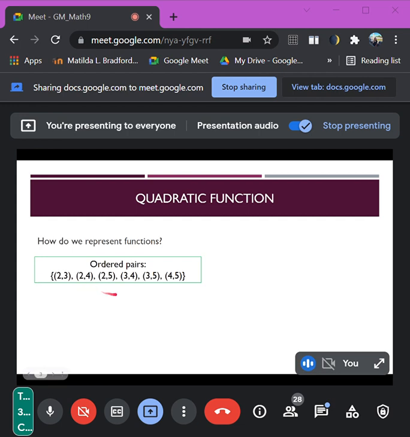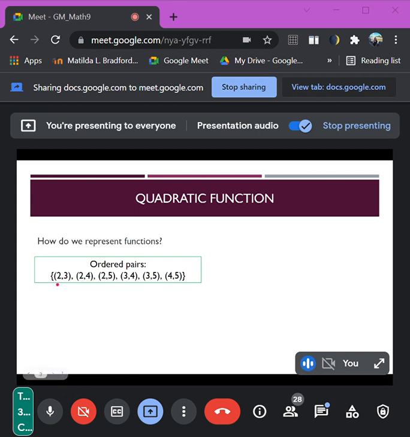Okay, so class, if we are going to identify this one, actually, this is not a quadratic function. Okay, so why do we say so, teacher? Because we said that a function should not repeat its first coordinate, or shall we say our domain.